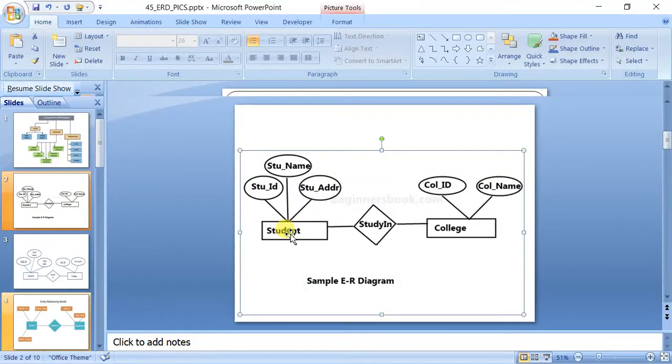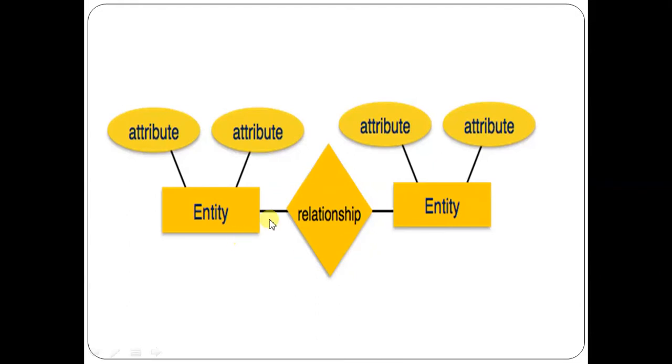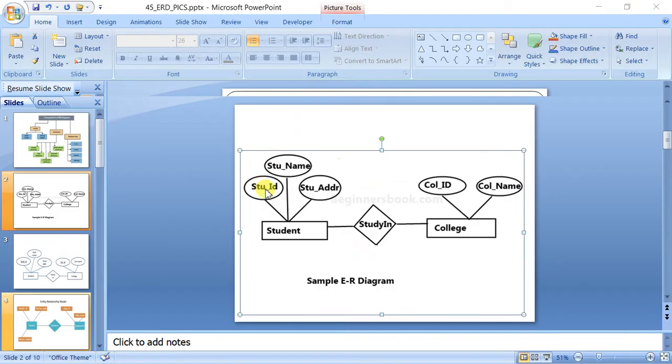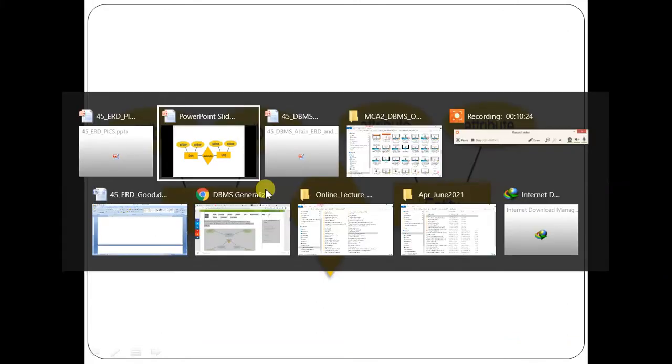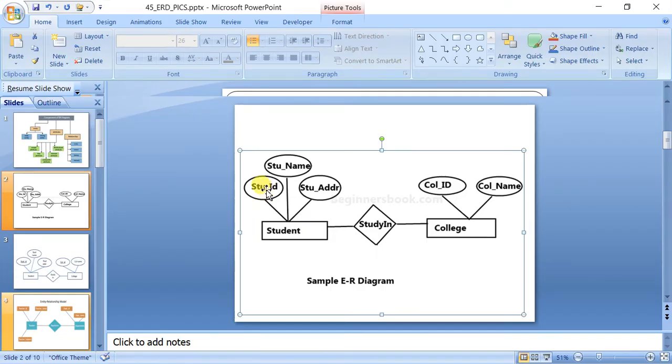So a student studies in college. What is a student? This student is actually an entity, and a student will have a student name, student id, student address. Similarly, college will have college id, college name. So what you have understood from this is that ultimately this will be converted into tables.